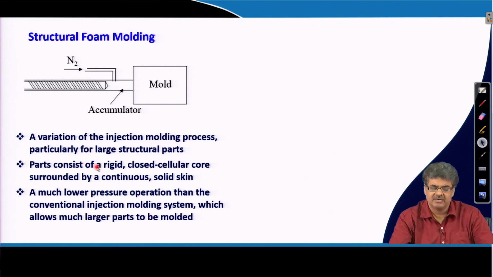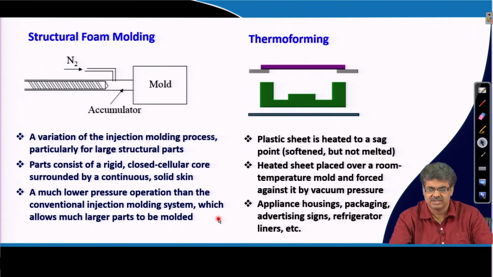Parts consist of a large, closed cellular core, meaning this gas core is surrounded by a continuous solid skin of polymer. It is a much lower pressure operation than a conventional injection molding system, which allows much larger parts to be molded compared to a conventional injection molding process.